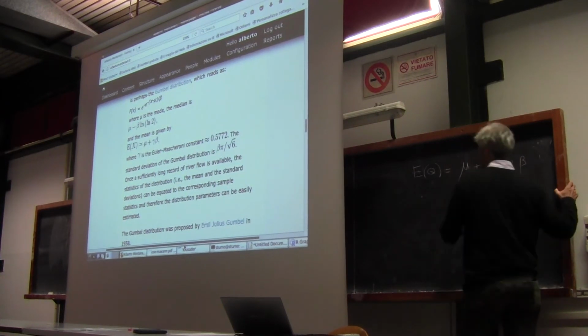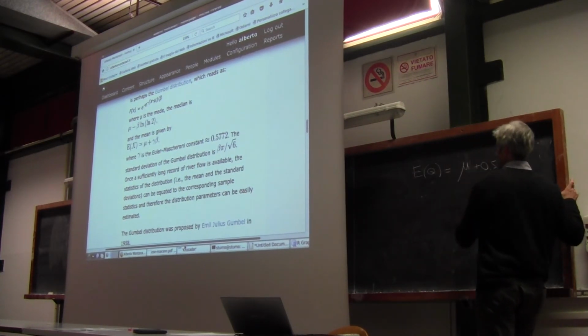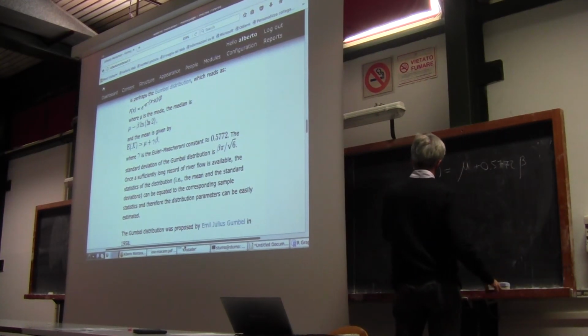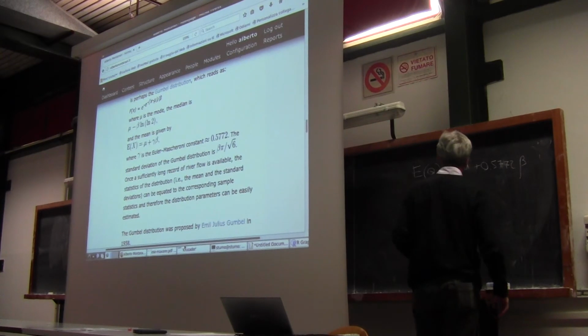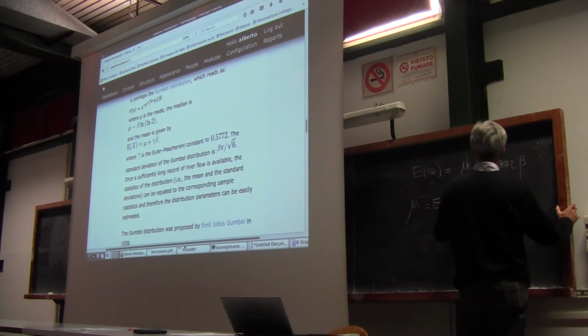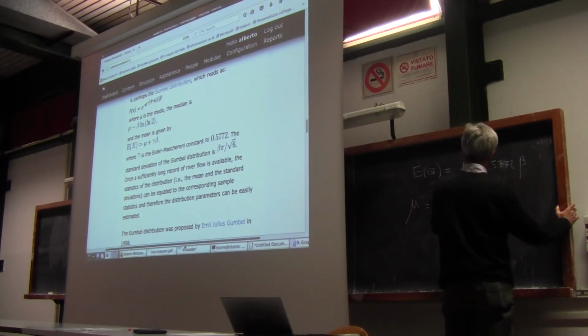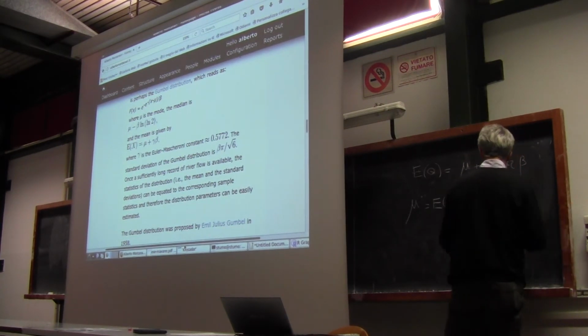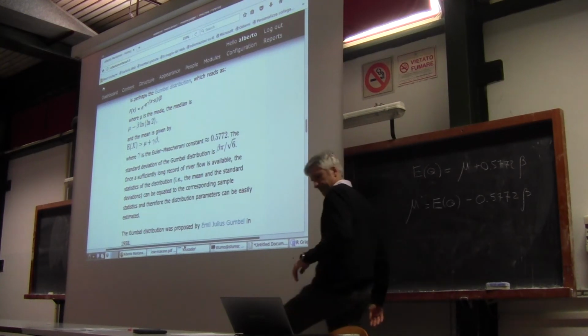So this is the relationship where everything is known but mu. So let's compute mu. Mu is equal to EQ, which is the mean that we just computed, minus 0.5772 beta. Okay, let's compute it.